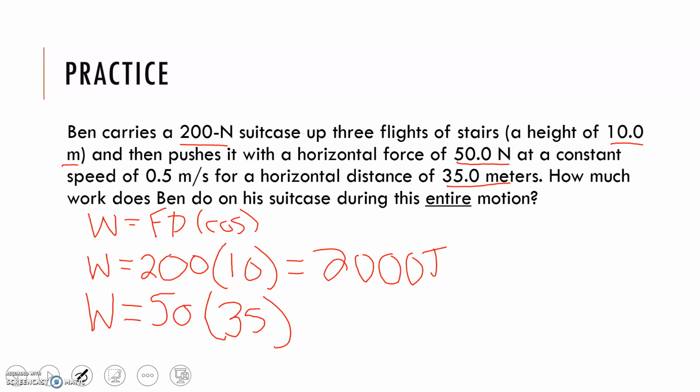We're going to multiply that together to get 1,750. And we're just going to add those two together to get the total, and that's going to be 3,750 joules.